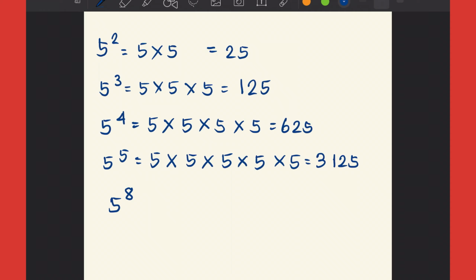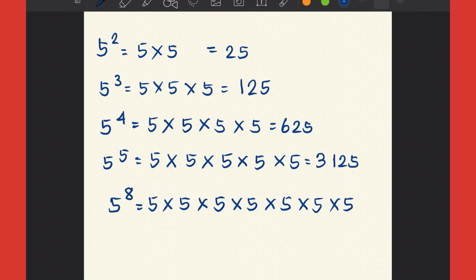Okay, so it means that it is 5 times 5 times 5 times 5 times 5 times 5 times 5 times 5. 1, 2, 3, 4, 5, 6, 7, 8, which is equal to 390,625.